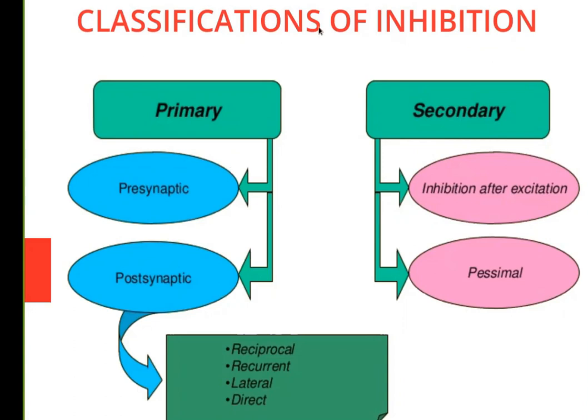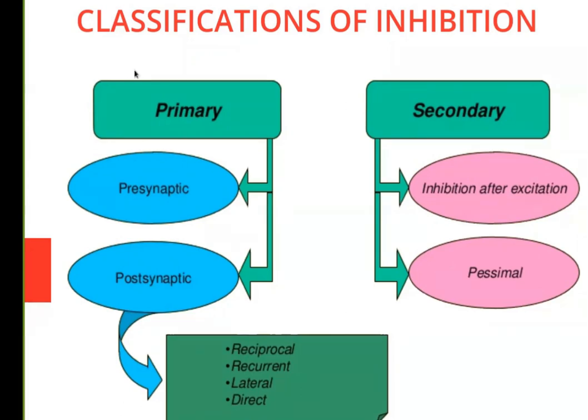But common for this group, primary inhibition, is inhibition with specific structures, some interconnections, synapses between neurons that have specific components like inhibitory neurotransmitters. And if neurons have inhibitory neurotransmitters, they may realize primary inhibition.